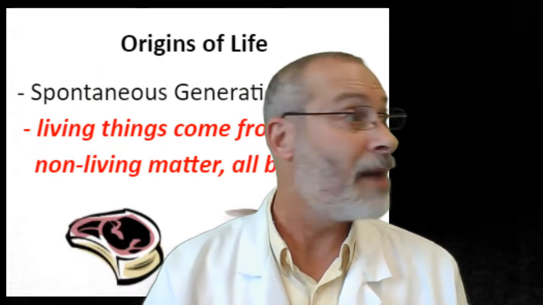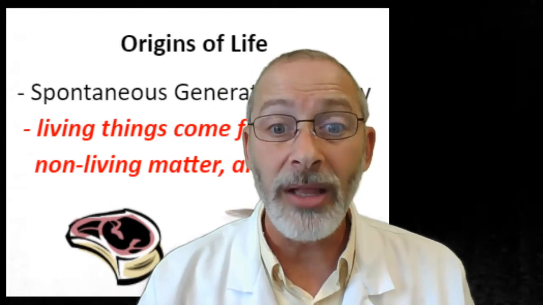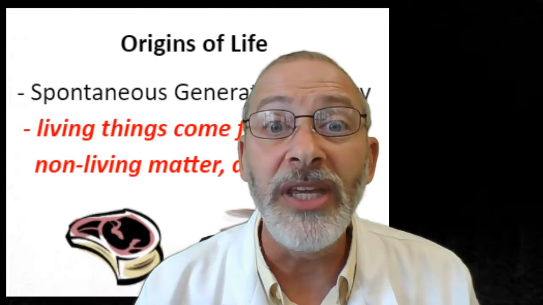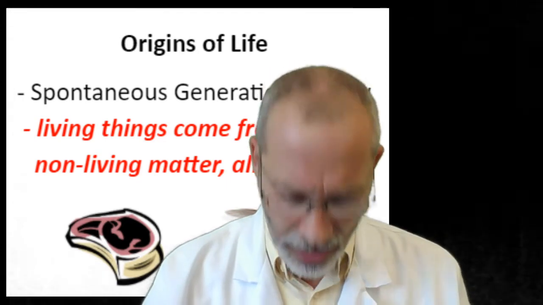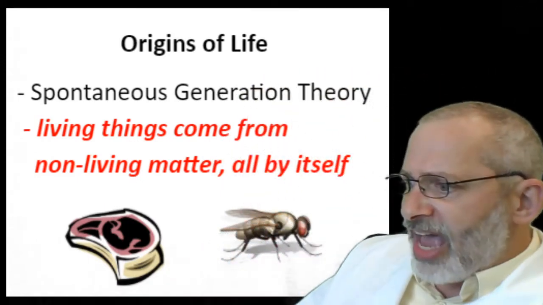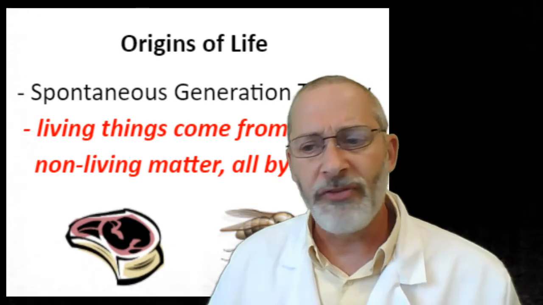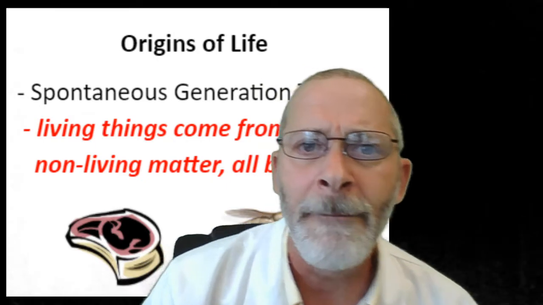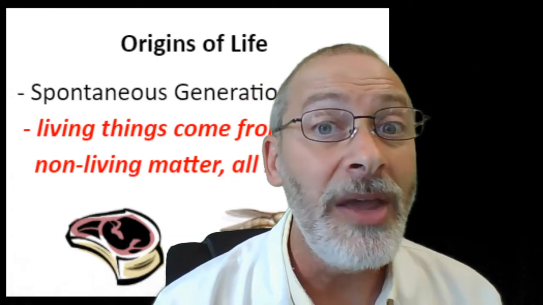And as you're on the top, looking at the view of the town from up there, you might look down as well and see, oh, there's a rotting piece of meat right under my feet. And out of the rotting piece of meat, lo and behold, what do I see? I see a fly coming out of that piece of meat. So if you were to go home and say, Mom, Dad, where do flies come from? Your mom and dad may have had the same experience as you when they were a kid.